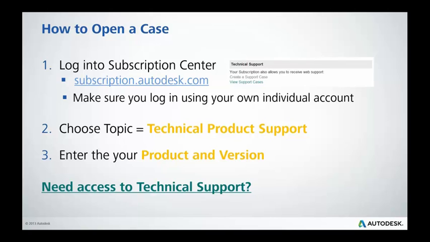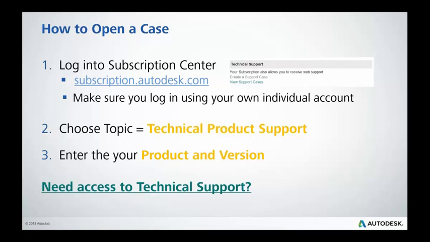From there, that's where you can actually create a case or check on any other cases that you might have opened or any previous cases that you've recently closed. Once you get to the technical product support page, that's where you want to enter all the product information, such as the version of the software you're using, any environmental information like your operating system.